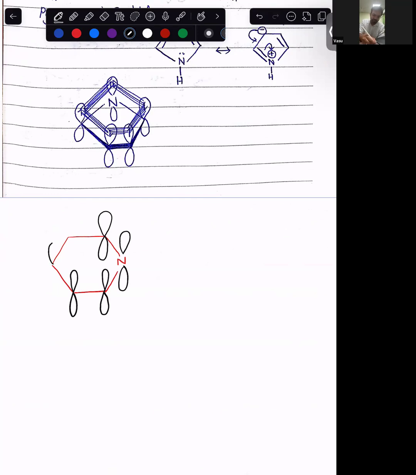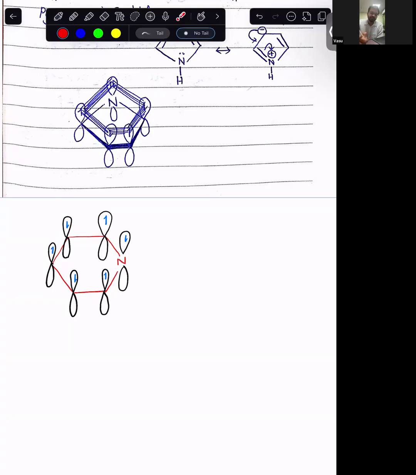You also have a pi bond between these two carbons. Agreed? So you have one electron here, one electron here, one electron here, because a pi bond is always formed between symmetric orbitals.